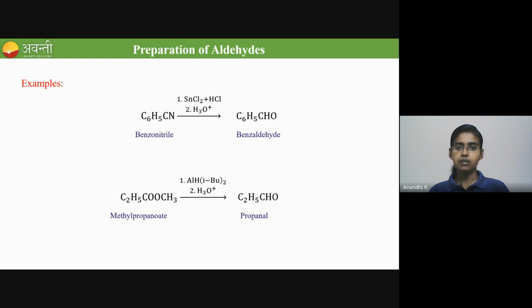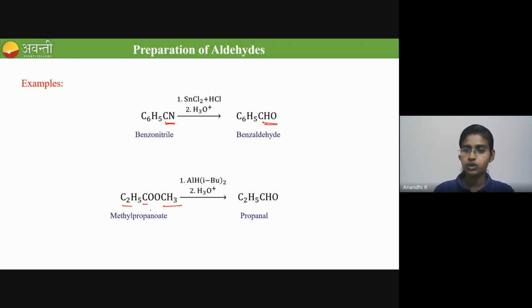So let's see some examples. Here the R group is taken as C6H5 in the first example. On the CN part, on reduction with SnCl2 and HCl, it gives benzaldehyde. And the second compound, ester: methyl propanoate. Here we have only one carbon, so it is called methyl. And in this component, we have 2 and 1 carbons, so it is a 3 carbon compound, which is called propanoate.